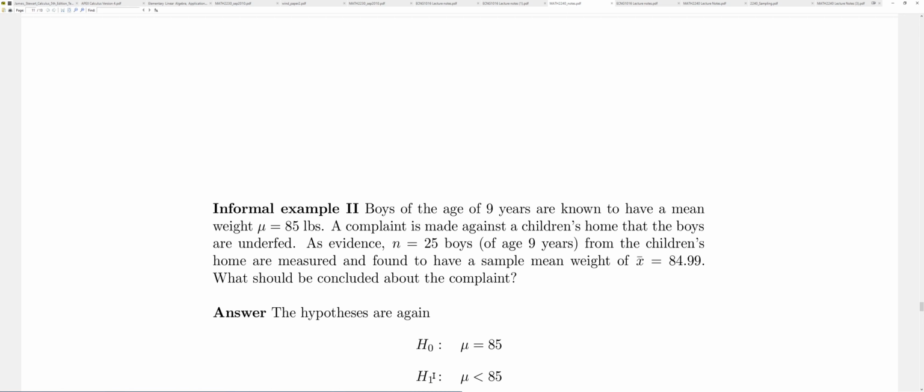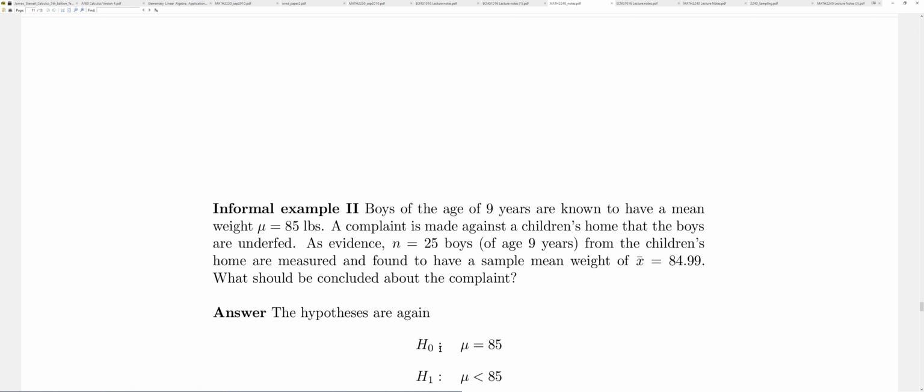So your H1 is mu less than 85, same as the example we just looked at, and once you have your H1, you form your H0. Now, for the values given in this second problem, we're going to decide whether we reject H0 or not.